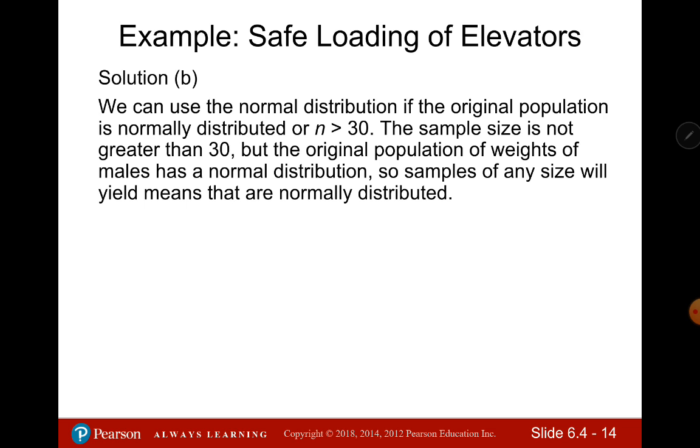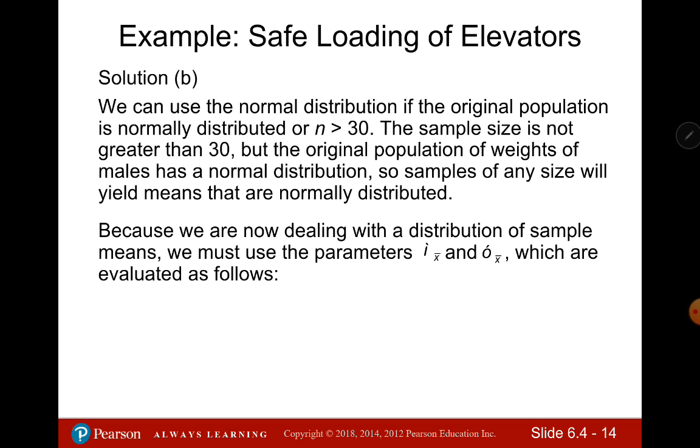We are free to use the central limit theorem. The sample size is not so important for this case because the original population already follows a normal distribution. So we could use the central limit theorem for part B.